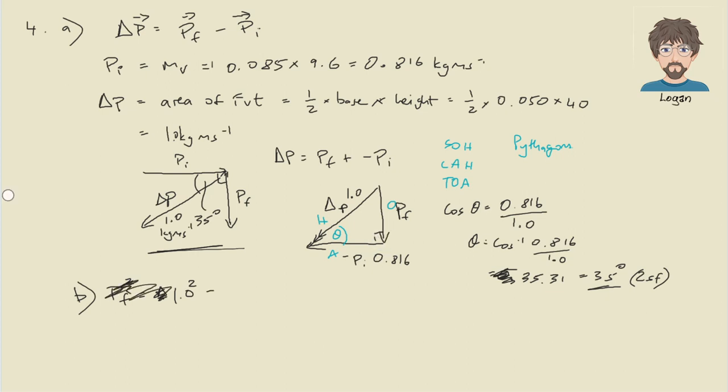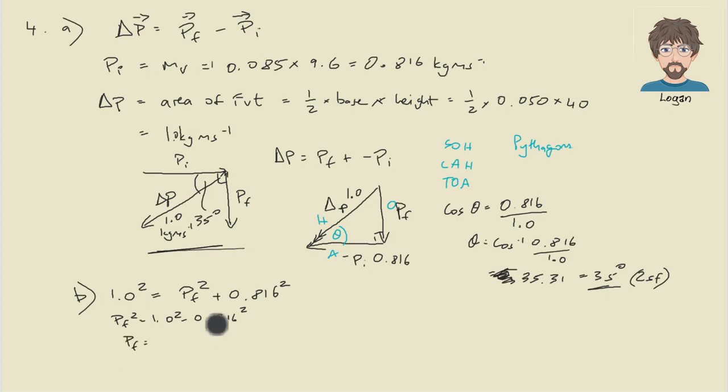I'm sort of trying to skip ahead, which I would do if I was doing it just for myself, but I'm doing it for you, so I will just take every step that I should take. So Pythagoras to solve this gives you 1.0 squared equals PF squared plus 0.816 squared. Okay, so PF squared equals 1.0 squared minus 0.816 squared.